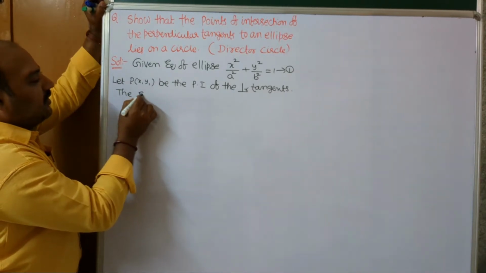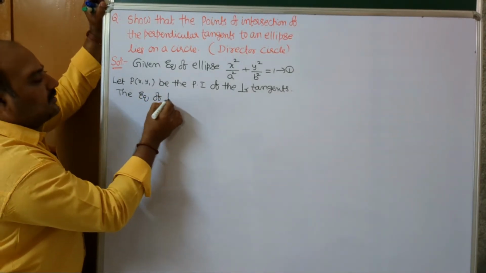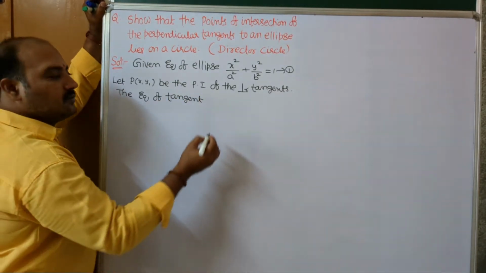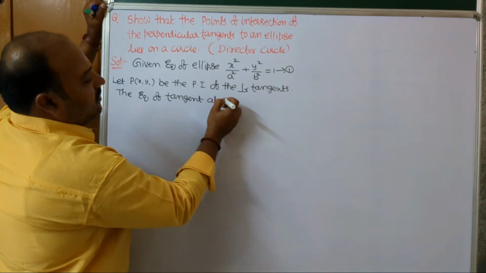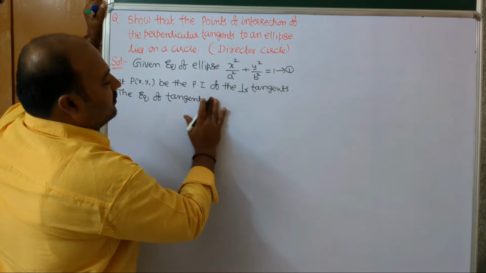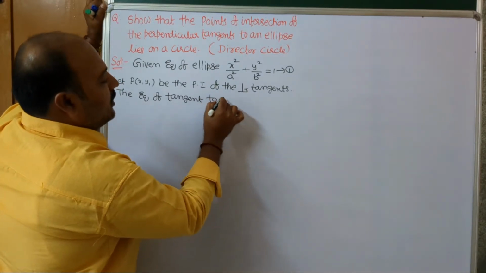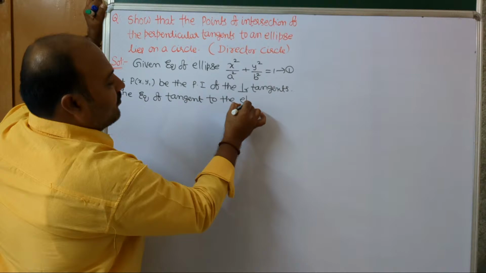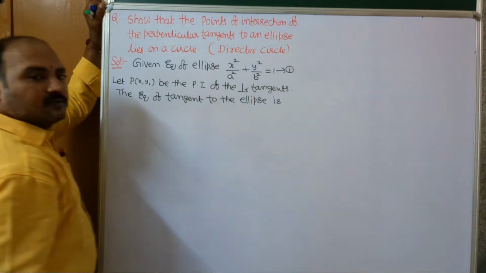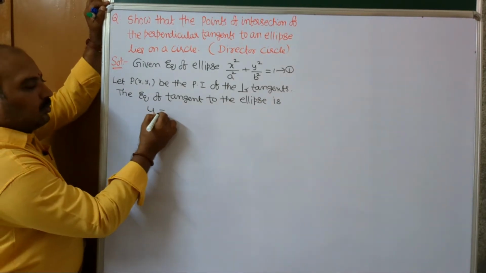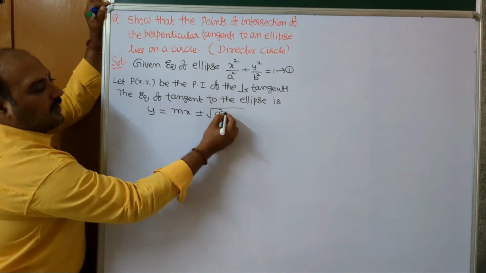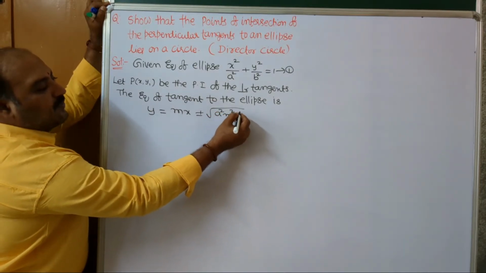The equation of tangent to the ellipse is y equal to mx plus or minus root of a square m square plus b square.